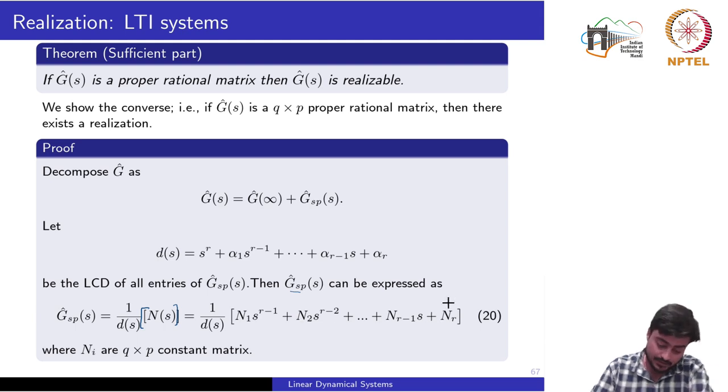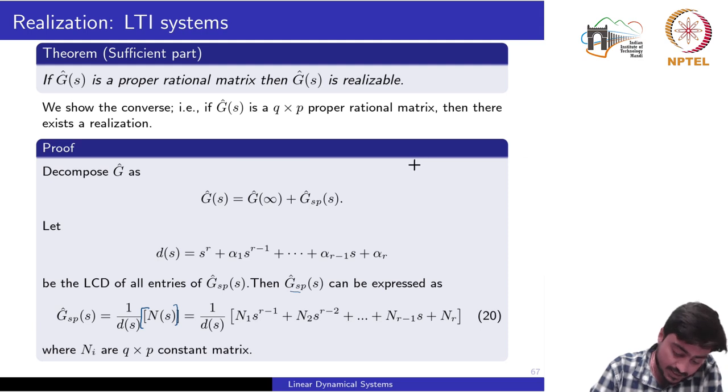Let's say if you want to visualize, I have a 2 by 2 system. This 2 by 2 system I can represent by y1, y2 equal to g11, g12, g21 and g22.